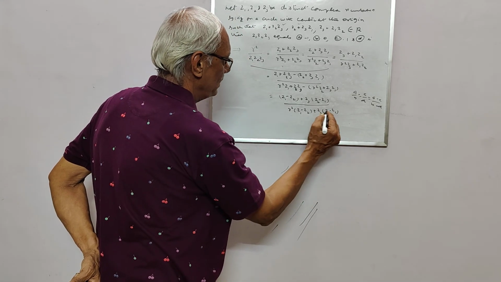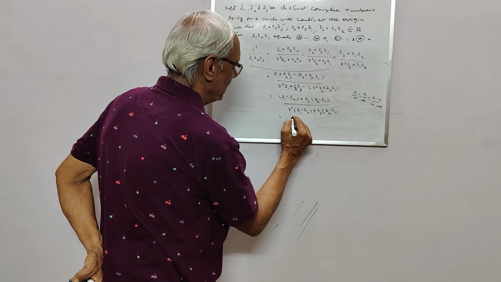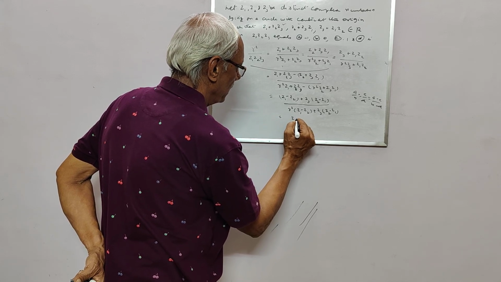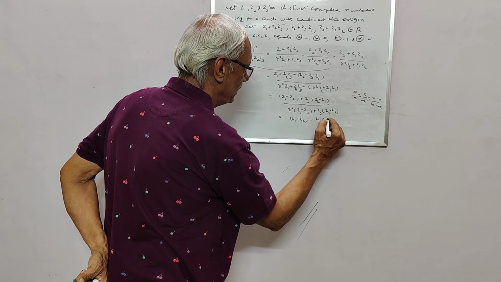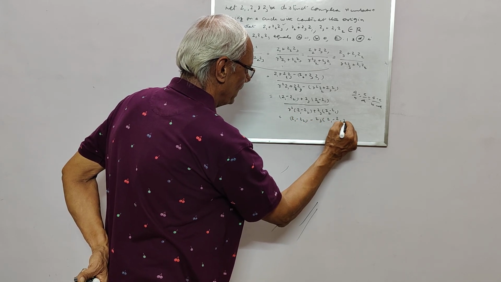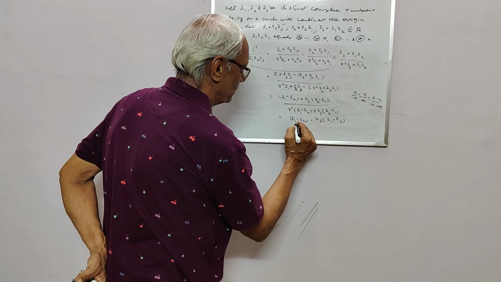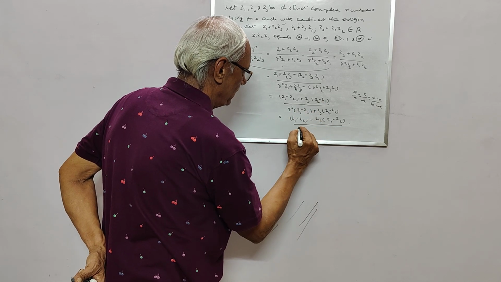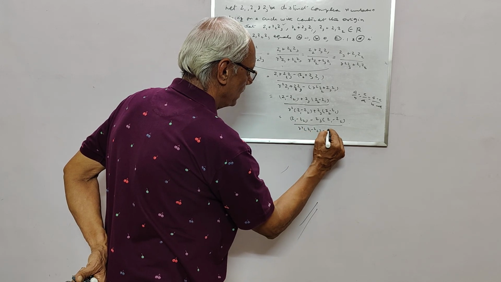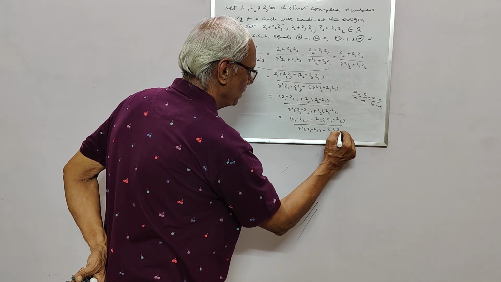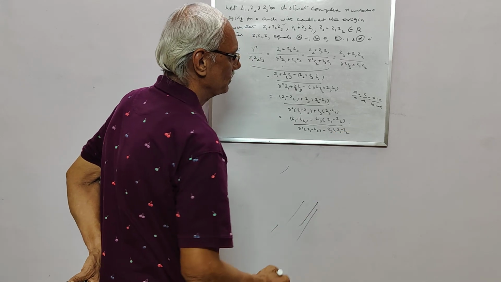So this can be written as Z1 minus Z2 minus Z3 into Z1 minus Z2. I take this minus sign outside. So you will get R squared into Z1 minus Z2 minus Z3 into Z1 minus Z2.